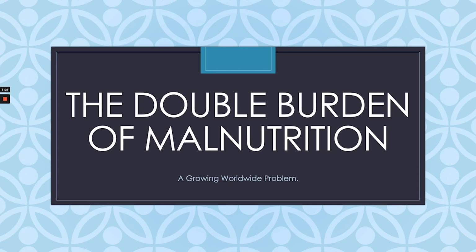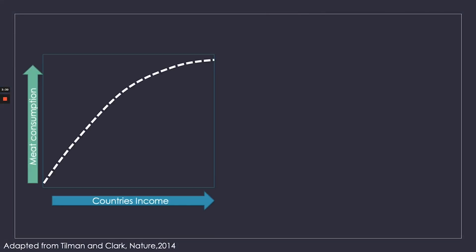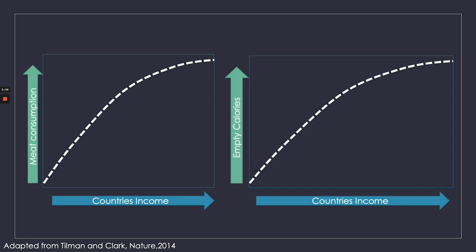But why? Well, one thing we've already discussed is that as a country's income is increasing, so does meat consumption. What we have also found is that as the country's income increases, so does our consumption of what we call empty calories, which are defined as refined fats, sugars, alcohols, and oil. Meaning basically we're getting a lot more food, it's just not really nutritious.